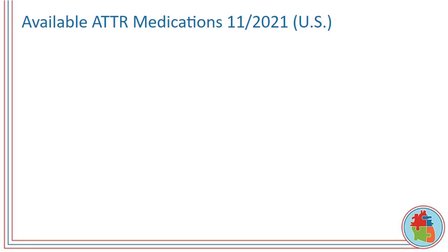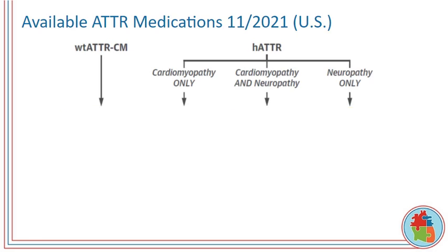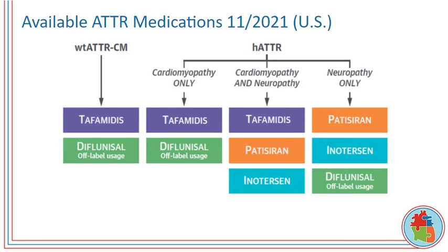In terms of available ATTR medications in the United States as of November 2021 for ATTR cardiomyopathy, whether it's wild type or hereditary, the only indicated medication is tafamidis, and then diflunisal is an off-label usage. In terms of hereditary TTR, where neuropathy is present, the options include patisiran, inotersen, and then diflunisal continues to be an off-label option.